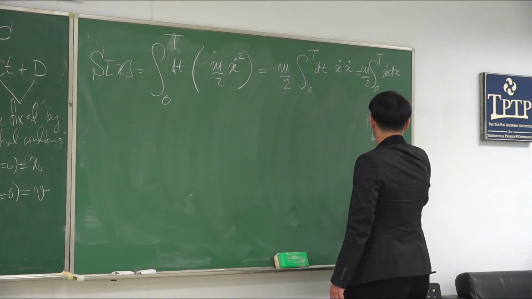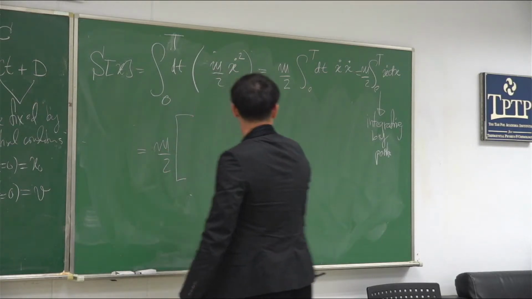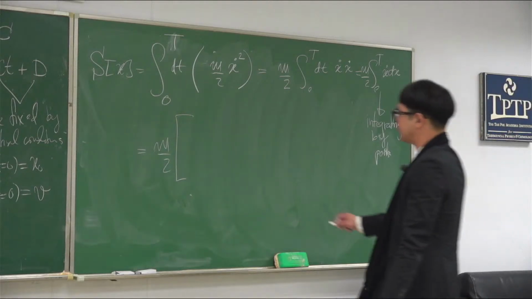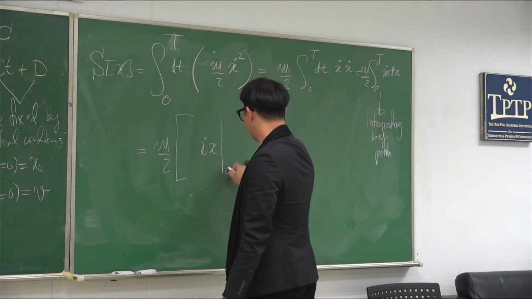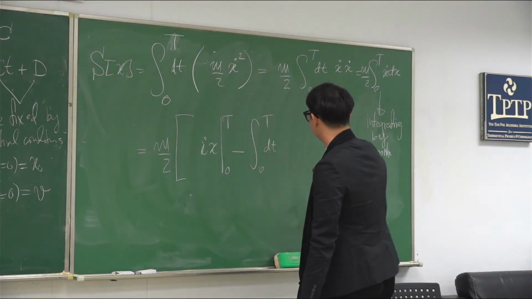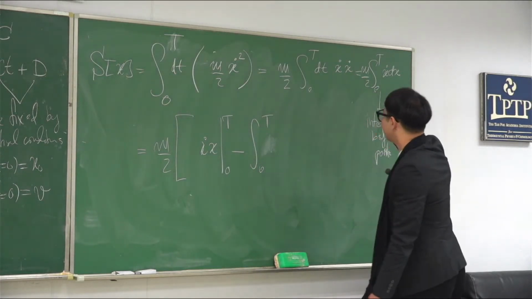So what you get after you do the integration by parts is x x dot at t. Minus, oh, actually this is my mistake.